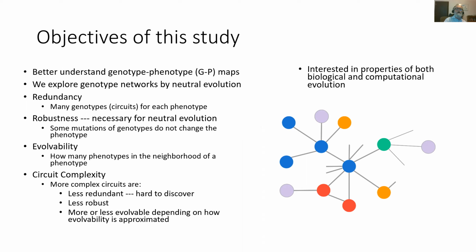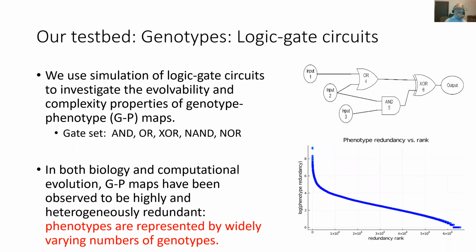The properties that we're concerned with include redundancy, meaning many genotypes per phenotype, robustness, evolvability, and complexity. So for us, genotypes are logic gate circuits as illustrated on the upper right.